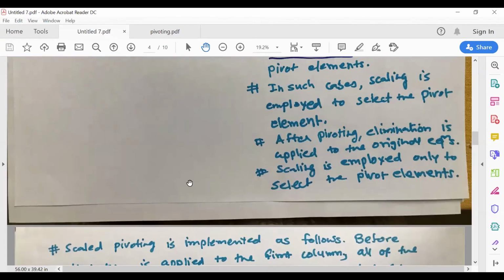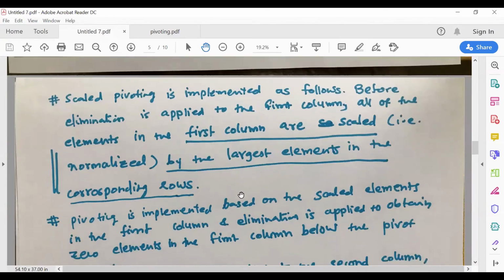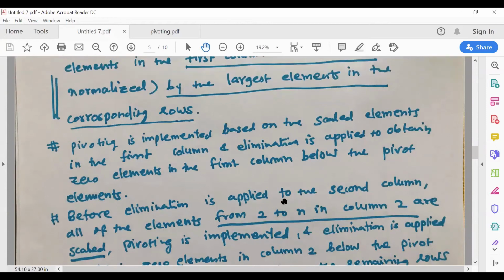Corresponding row means, suppose I am talking about this number, I talk about the other numbers in the same row, like this. So we talk about rows, but ultimately we are doing the scaling operation on the columns. I will explain this through an example.